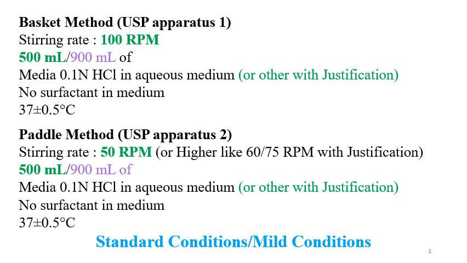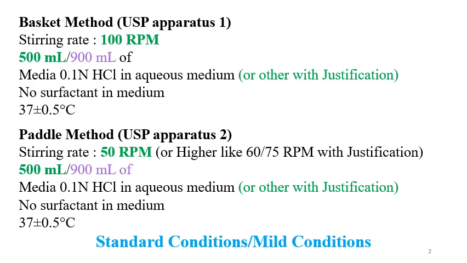Surfactants are not allowed or not utilized in the media if the formulation contains highly soluble APIs. If media other than 0.1 normal HCl is used, then justification will be required.